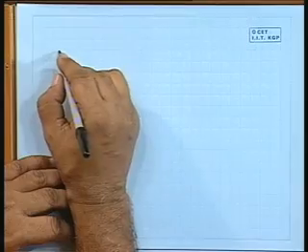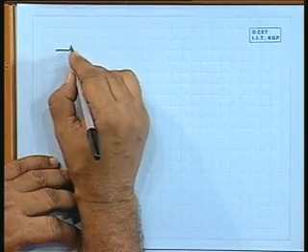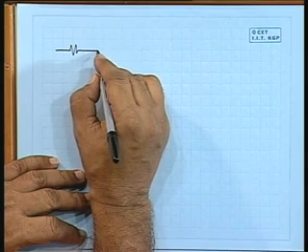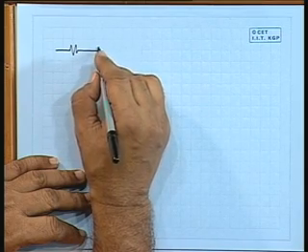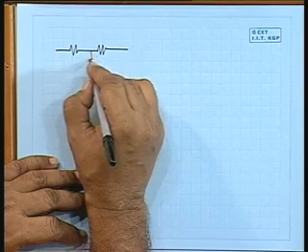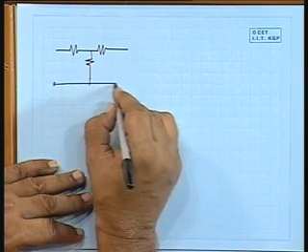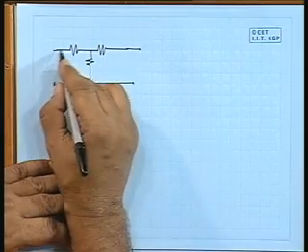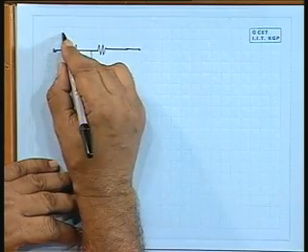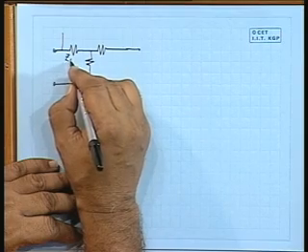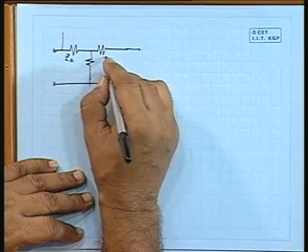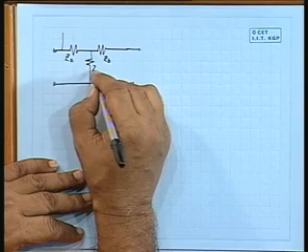This is quite common. You can have a bridged T network. So if I ask you, say this is ZA, ZB, ZC.